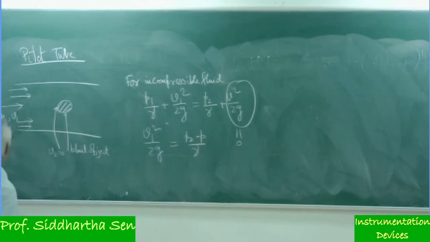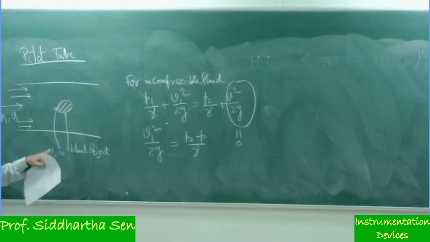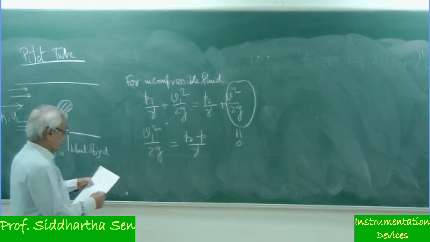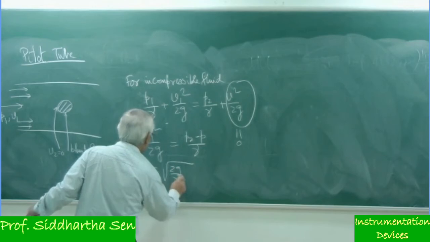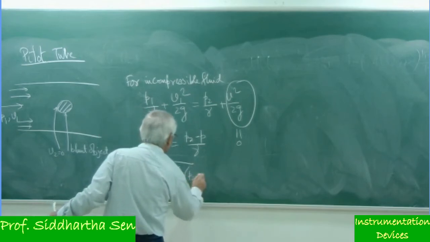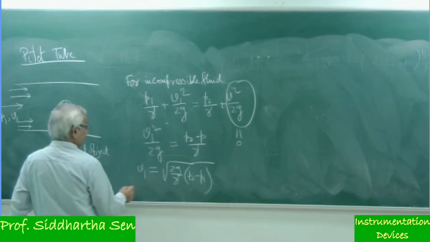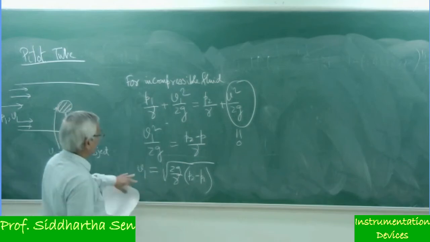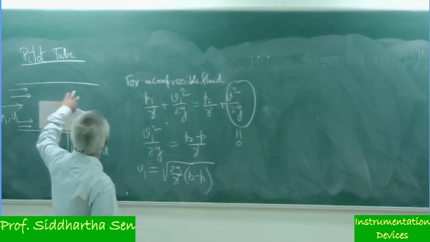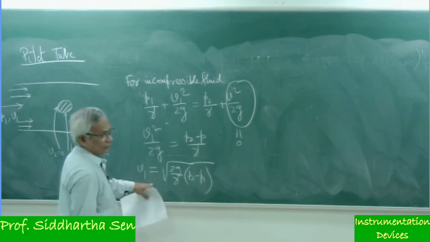In this case, interestingly, the P2 value will be more compared to P1, but in the other cases P2 is always less. So we can say that V1 is equal to root over 2G by gamma into P2 minus P1. This is valid for incompressible fluid, but for compressible fluid we need some correction factor.